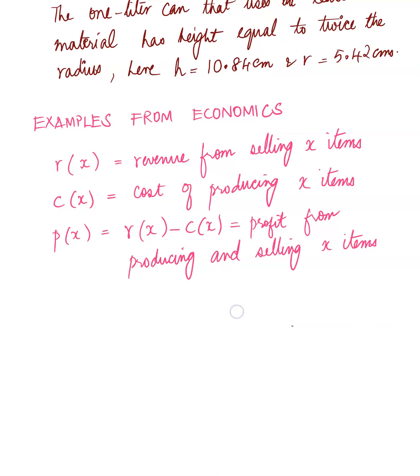So if we took the derivatives of these, okay, R prime of X, we call it the derivative in math, but economists use the terms like this. They call it marginal. So it will be marginal revenue, C prime of X, the first derivative of cost, will be called the marginal cost.